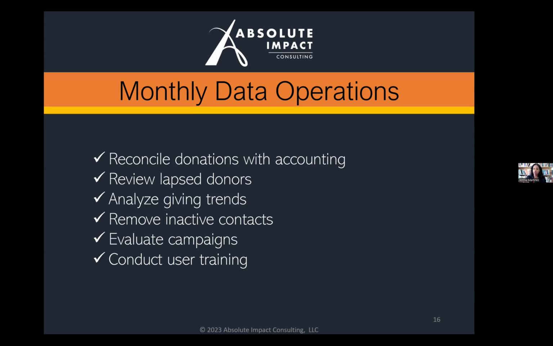Why doesn't it say remove lapsed contacts? What is the difference really between lapsed and inactive? So here's what I share with folks, and hopefully you don't hear it different anywhere else. An inactive donor is someone who has not given, right? They missed one donation. They missed 1 year of giving. They just didn't renew their gift.